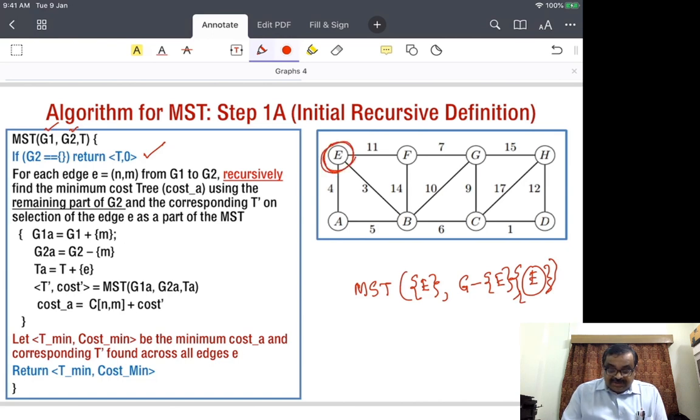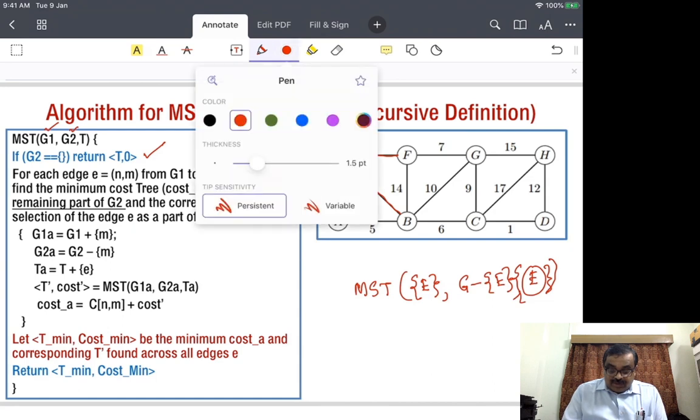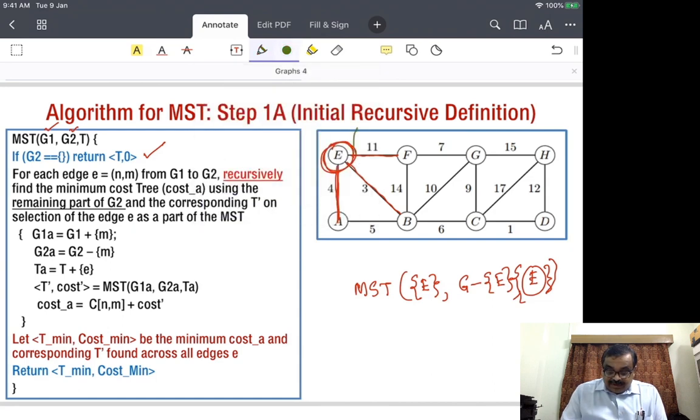We have started with this node E and we have got three edges. Edge moving out 11, edge moving out 3, edge moving out 4. Suppose we choose the edge moving out 4. Then in one case, this will become G1 and this will become G2, and we will recurse.